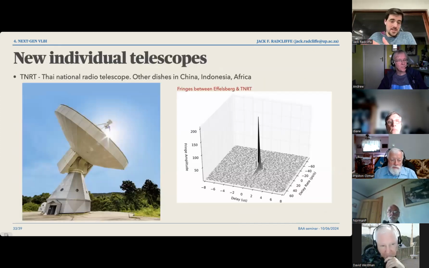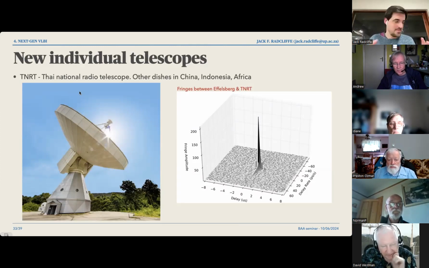So what else is happening? Well, we've got new telescopes all around the world coming into existence and being part of the VLBI collaborative environment. This is the Thai National Radio Telescope. Here on the right-hand side is the fringe, the correlated signal between the two telescopes in Germany and Thailand.